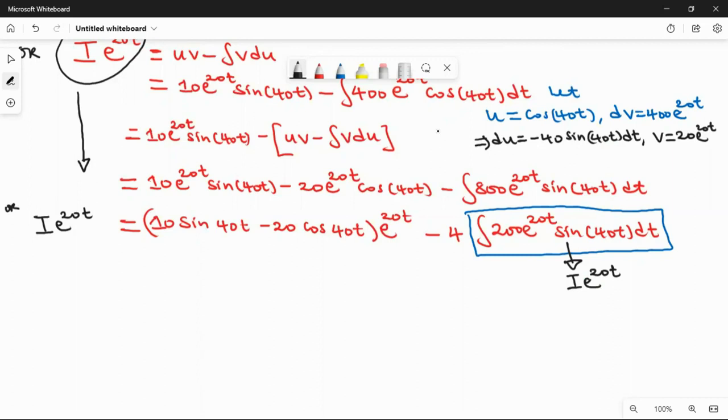So now I need to collect like terms. So I need to take this to the left-hand side so that it becomes plus 4, because on the right it is minus 4. When you take it to the left, it becomes plus 4.